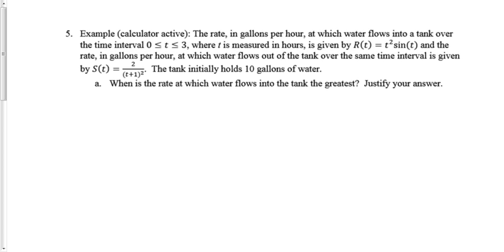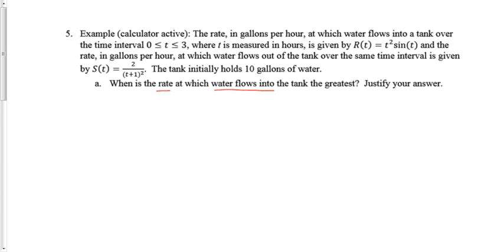We have the equation for the rate, and we have the rate that the water flows out is given by S. We know that our tank initially has 10 gallons. So when is the rate at which the water flows into the tank the greatest? Okay, I need to pay attention: the rate at which the water flows in.